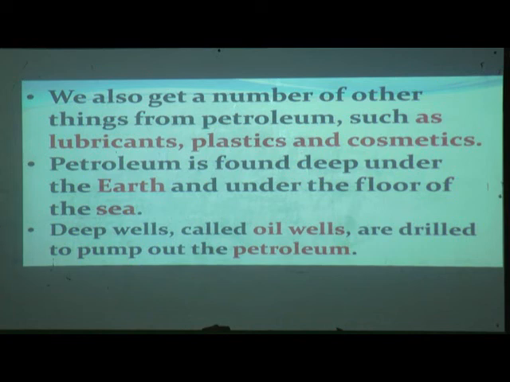Deep wells called oil wells are drilled to pump out the petroleum. First they identify where the sea is and check, then we can find the oil wells. From that they can use huge machines to take out those oils under the sea.